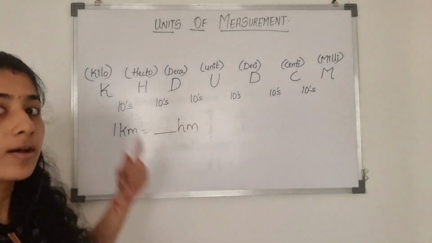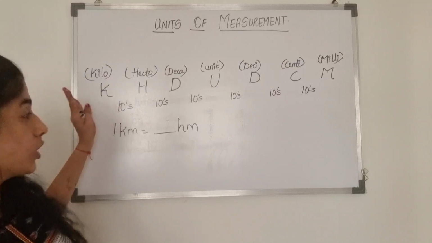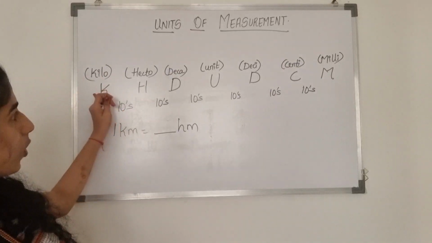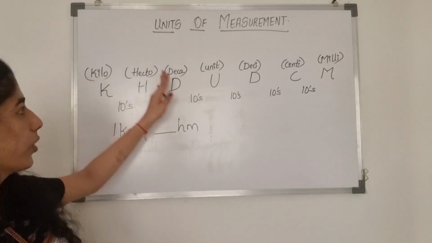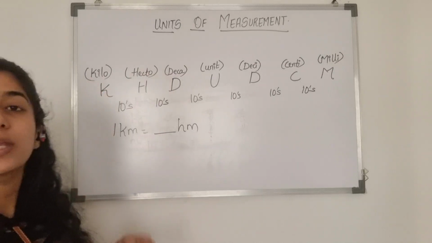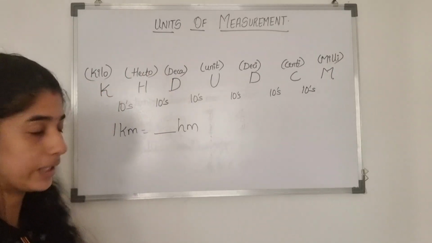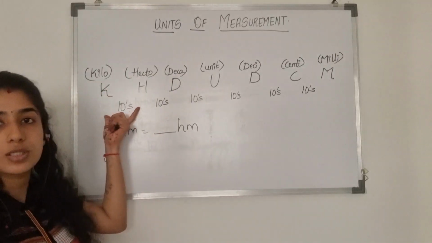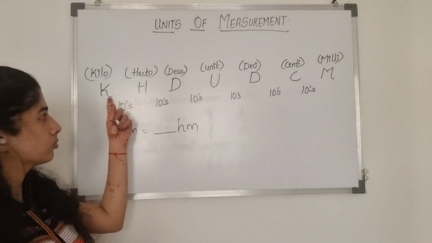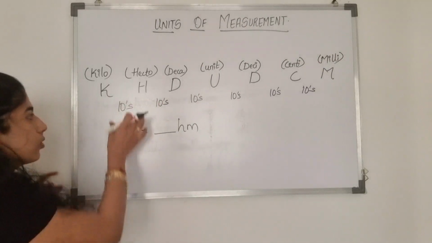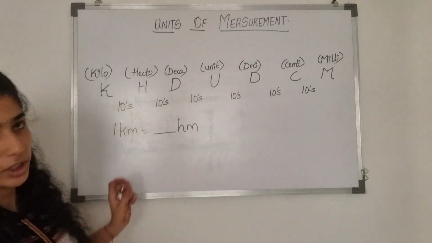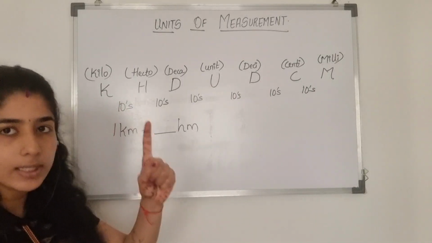Let's read. What did I say? That when the conversion is from left to right, from kilometer, that is on the left hand side, it is going to hectometer, you are going to make use of the operation which is multiplication. Now see how much is the distance? Only one. That means how many tens are coming, you will check. Only one 10 is coming.